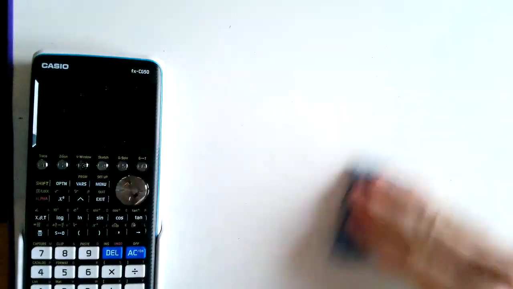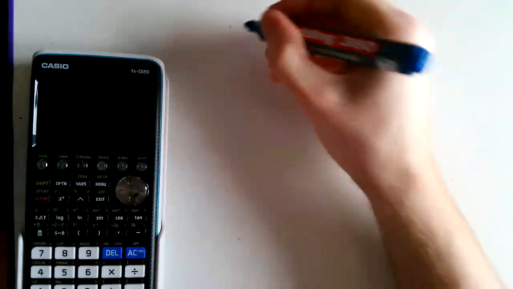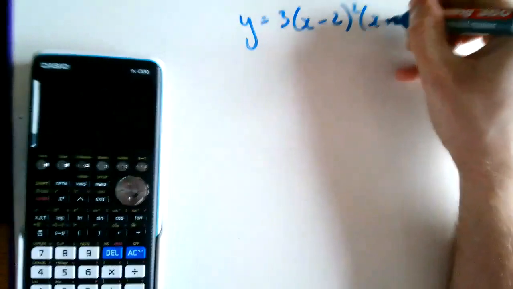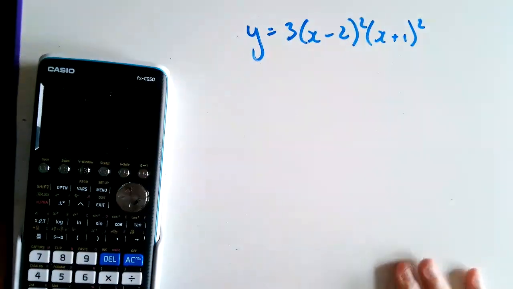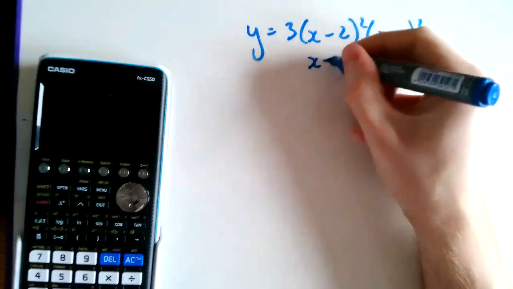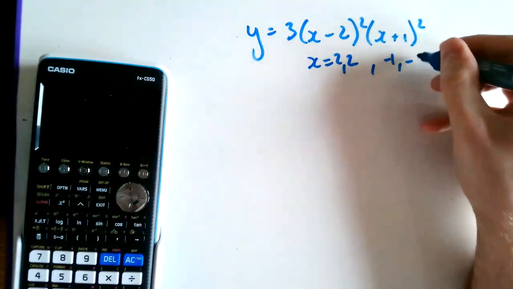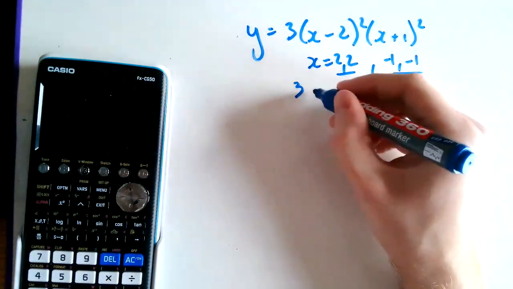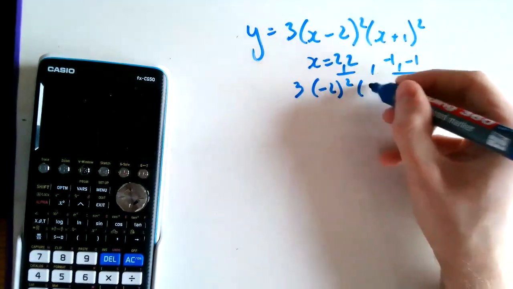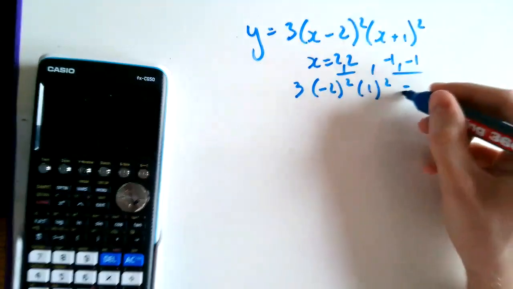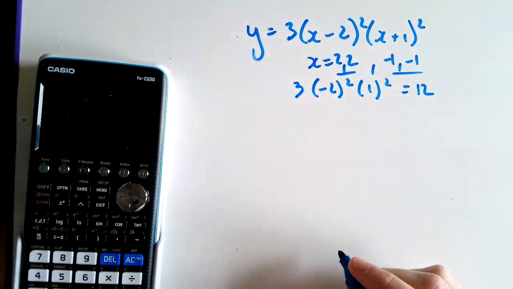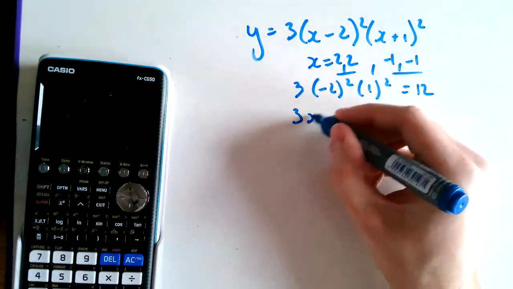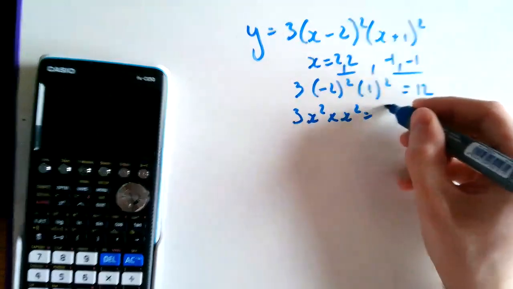And the last one, sketching the graph of y equals 3 bracket x minus 2 squared, bracket x plus 1 squared. So the roots, well, I've got 2 and 2, minus 1 and minus 1, so bounces and bounces. The y-intercept, I'm going to have 3 times minus 2 squared times 1 squared, which gives me 12. And the shape, I'm going to get 3 times x squared times x squared, so I'm going to get 3x to the 4.